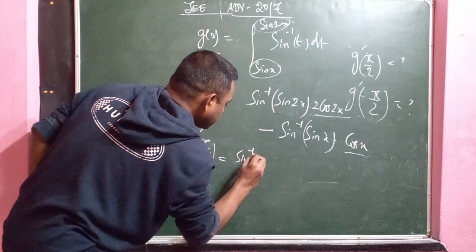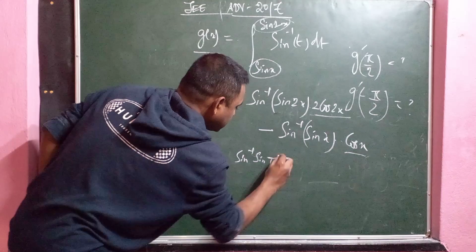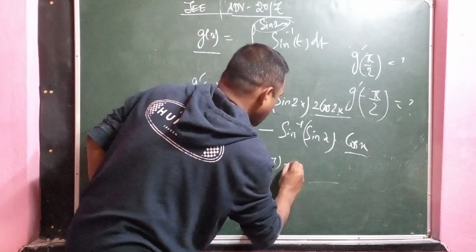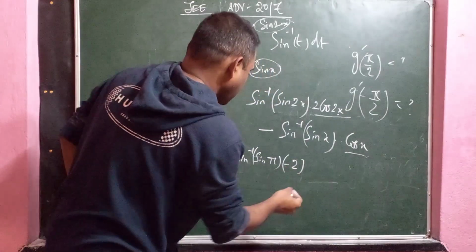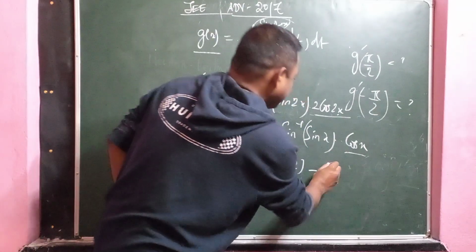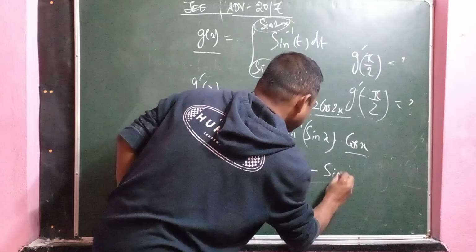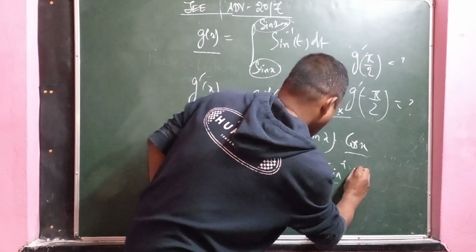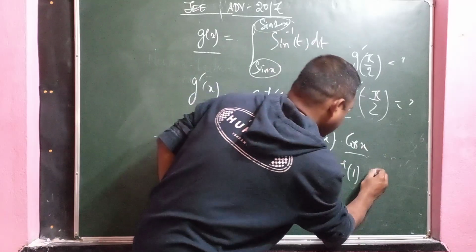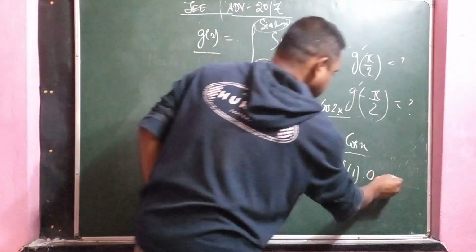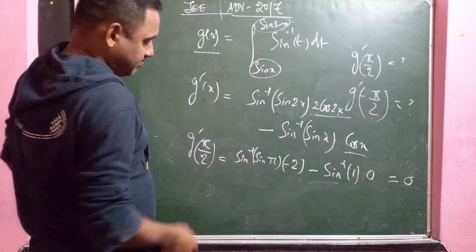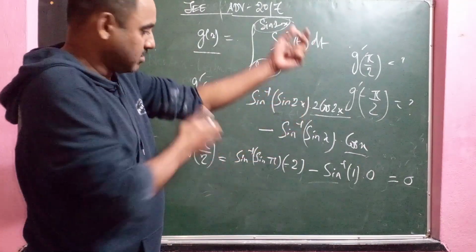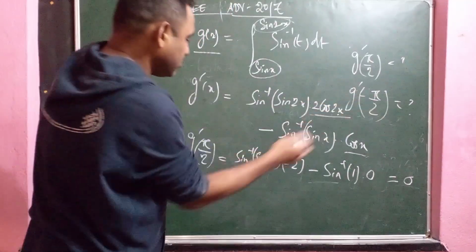Sin inverse, sin pi is 0, cos pi is minus 1, so minus 2, minus sin inverse sin pi by 2, sin pi by 2 is 1, but cos pi by 2 is 0, so this becomes basically 0. Sin pi is 0, obvious things, so sin inverse 0 is 0.